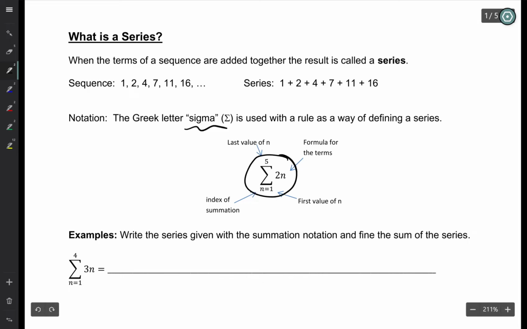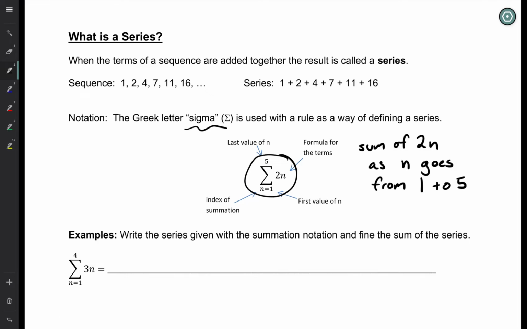The way you read this is it's the sum of 2n as n goes from 1 to 5. There are some important elements here. The index of summation is just telling you what your variable is.